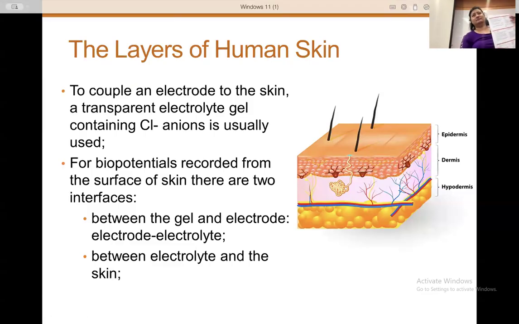I'll give you 3 minutes for that. The epidermis, dermis, and the hypodermis, what are they?